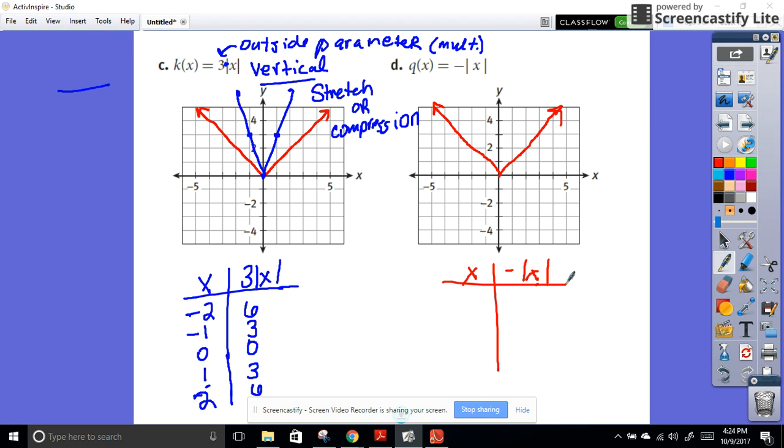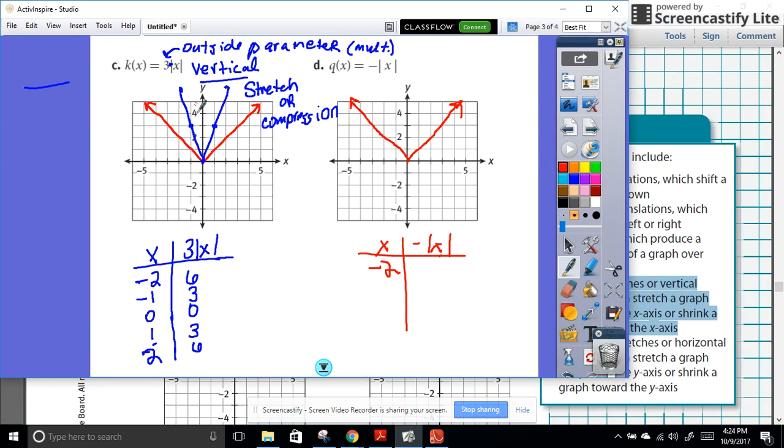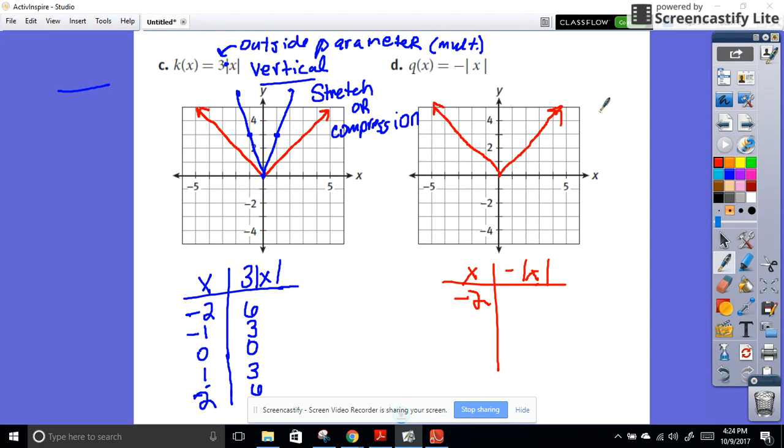Okay, so when I plug in -2, the absolute value of -2 is +2. But then we got to multiply that times -1, so it becomes -2.